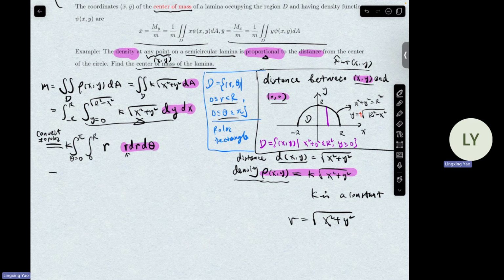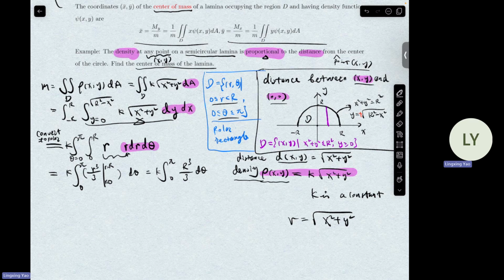And now you can see this is a much easier calculation. We have the integrand r squared, so the antiderivative becomes r cubed over 3. So this is what we have. All right, and then it's the constant k times the integral from 0 to pi of big R cubed over 3 d theta.